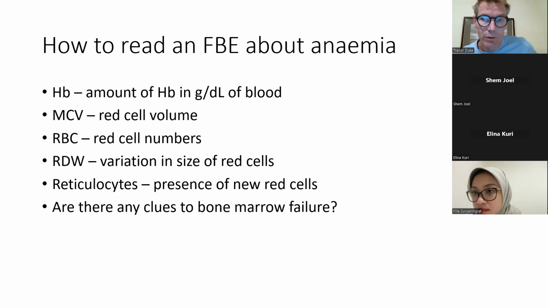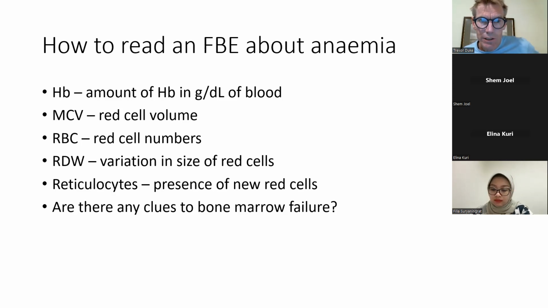So we should obviously look at the haemoglobin, which is the amount of haemoglobin in grams per deciliter of blood. Then there's the MCV, the mean cell volume, the average volume of the red cells. And then there's the RBC, which is the number of red blood cells within a ml of blood.